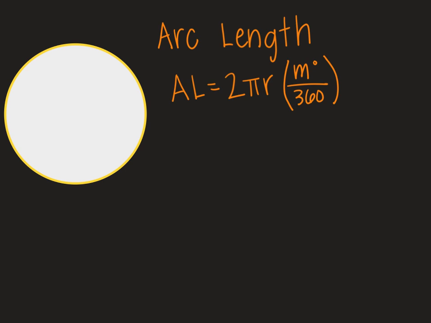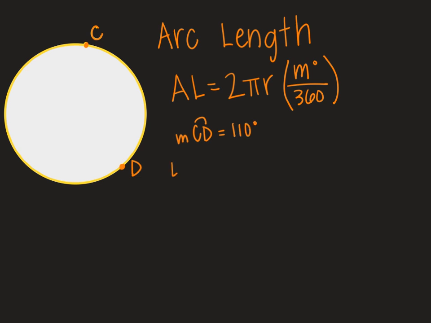So now we're going to actually do a real example. Say I had points C and D on the circle, and the measure of arc CD is equal to 110 degrees.